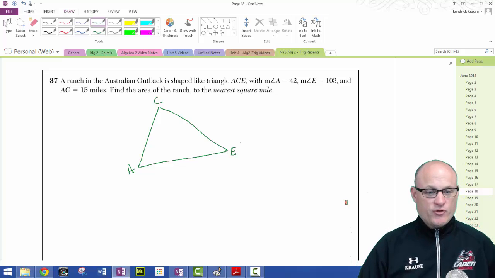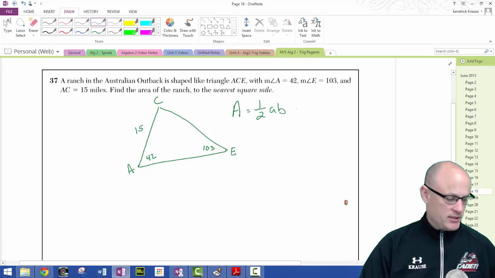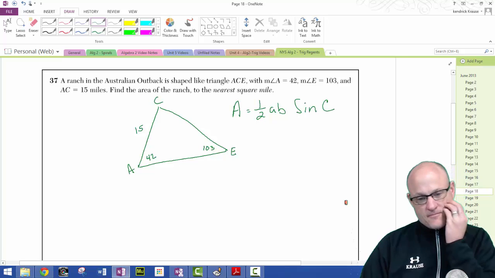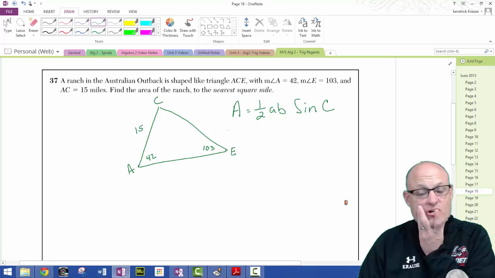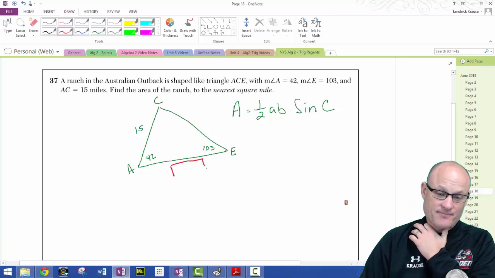Uh-huh. So let's see. AC is 15. Angle A is 42. Angle E is 103. So we're going to use the formula area is equal to 1/2 AB sine C. In order to do so, what I really need to find is this side.